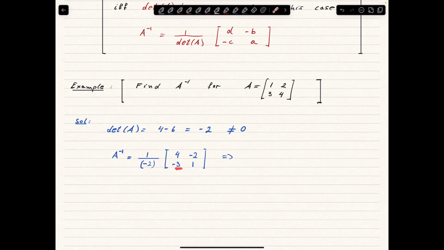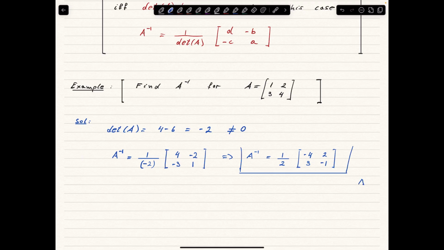Since these two coefficients are not divisible by 2, we keep the 1/2 outside, but the negative sign we are going to put inside, so we don't carry a negative sign outside. An equivalent way of writing it is this: the inverse matrix is 1/2, and then we have negative 4, 2, 3, negative 1. Alright, and that's it. This is how we use the formula.